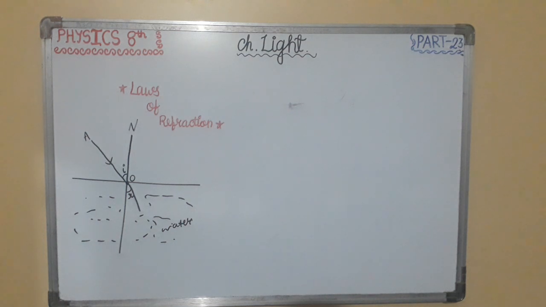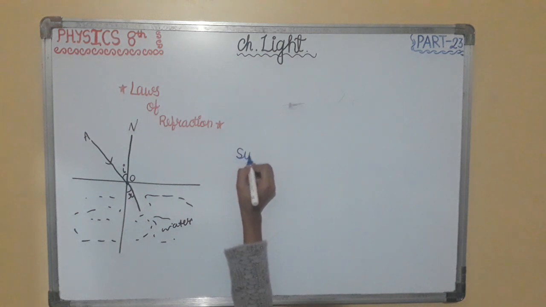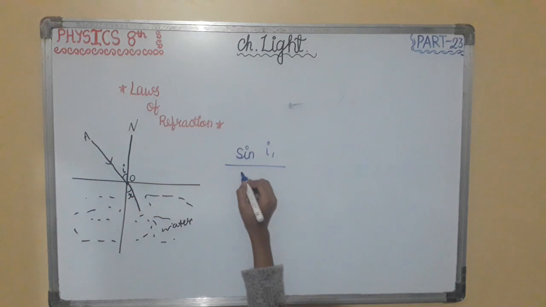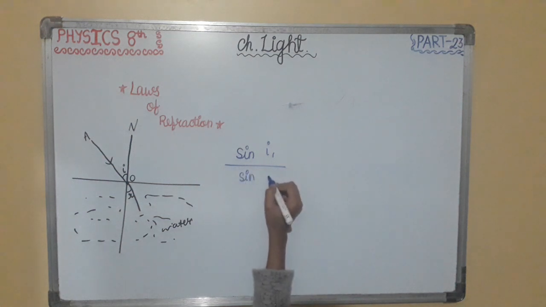For the angle of incidence I1, the angle of refraction R1 is measured. The calculation is sine I1 upon sine R1, and the value is x.